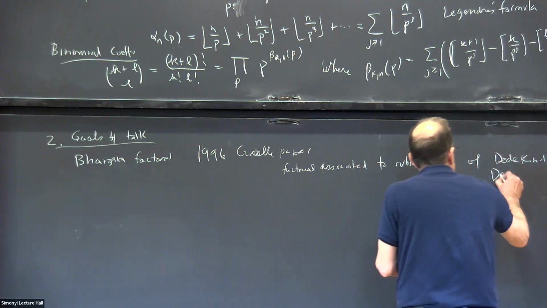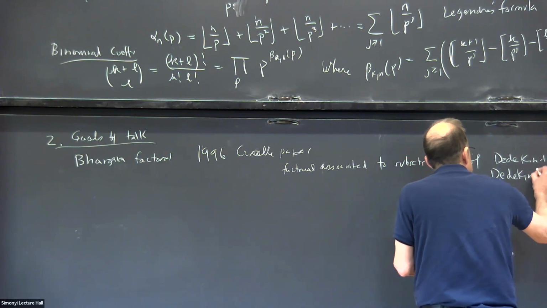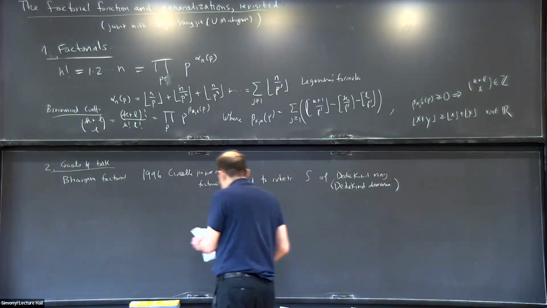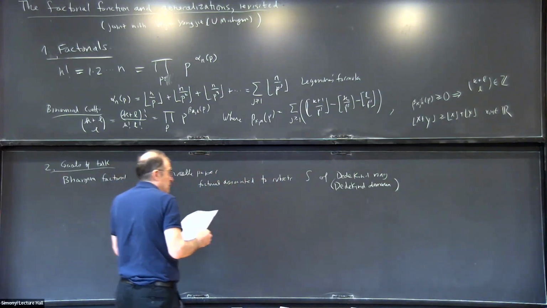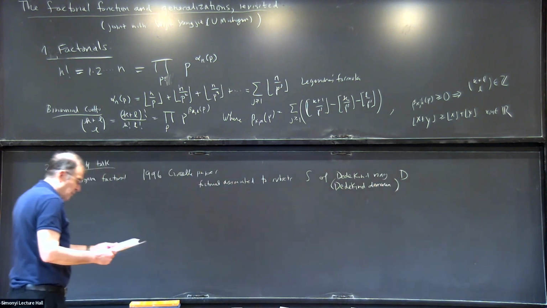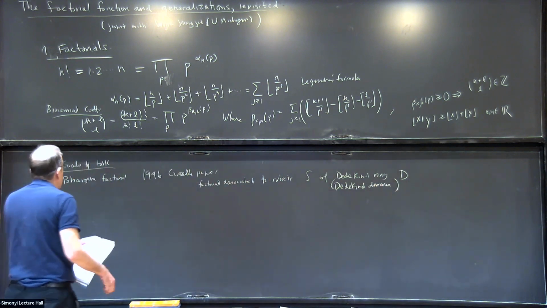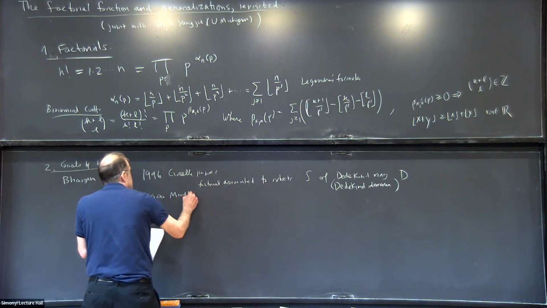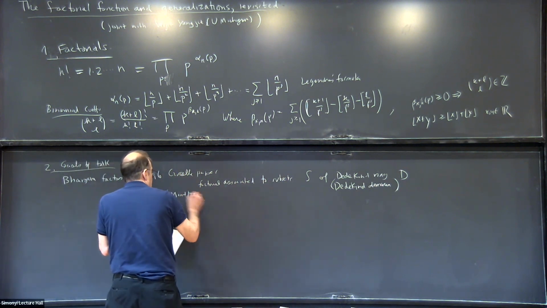And for this talk, I will restrict to Dedekind domains. You can ask me about the subset of a Dedekind ring. Even I will say things for, and then we have this 2000 paper in the Monthly, which explains for Z.